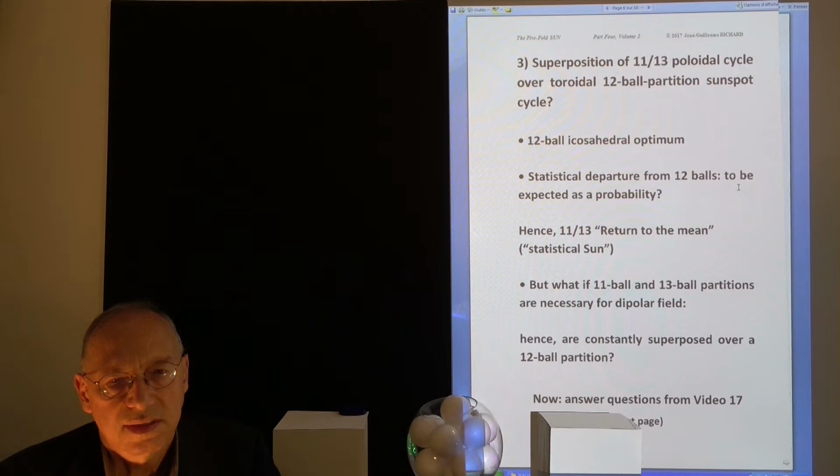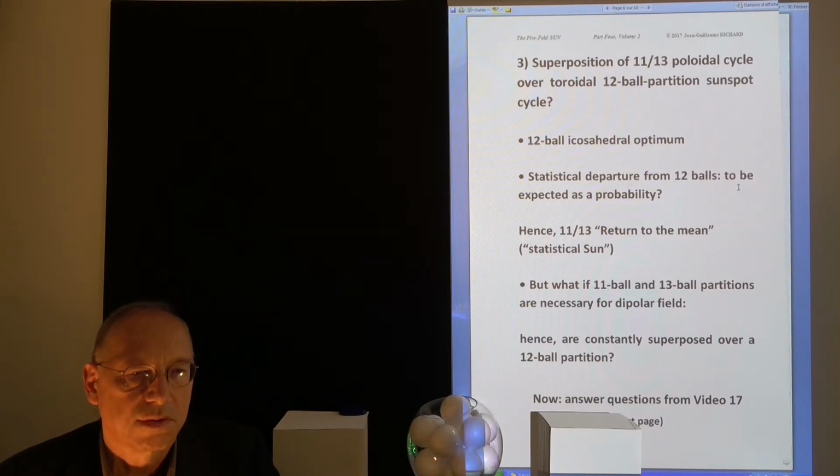In this case, the two sets of cycles are constantly mutually superposed. Is the dipolar field with 11 balls or 13 balls constantly superposed?